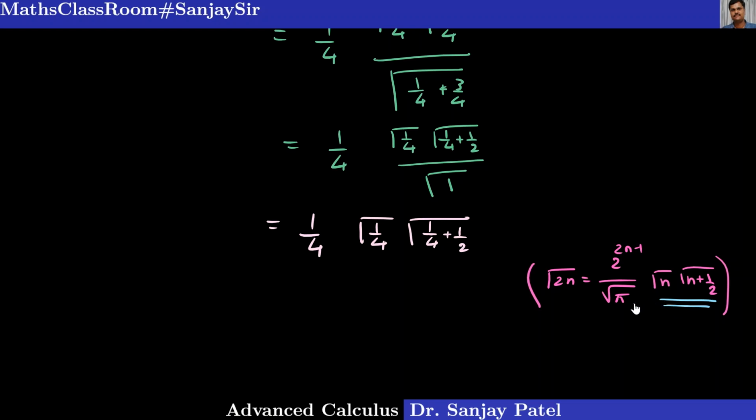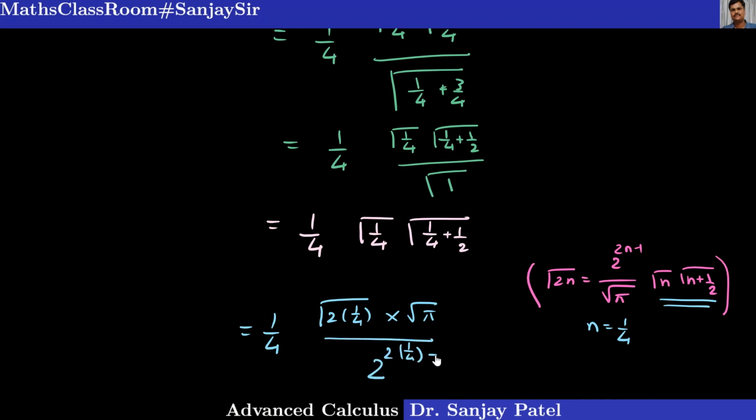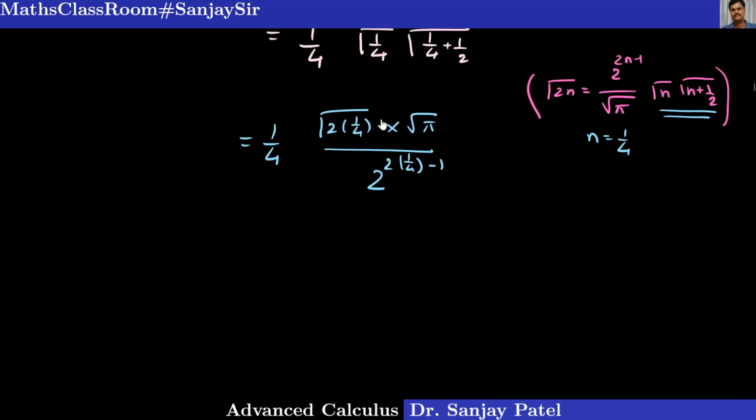So this is equal to gamma 2n into root pi by 2 raised to 2n minus 1. Here n is equal to 1 by 4. So this is equal to 1 by 4 gamma of 2 into 1 by 4 into root pi upon 2 raised to 2 into 1 by 4 minus 1. And simplifying this, we will get our required value of the integral.